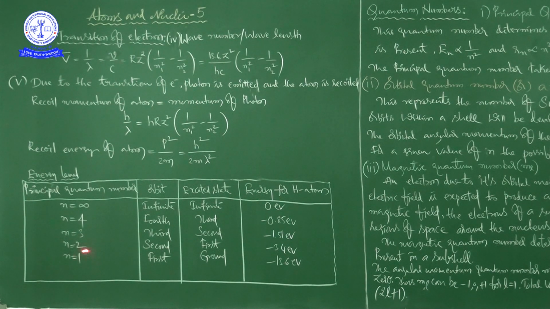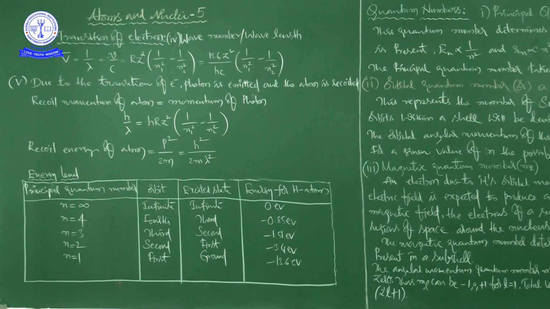Next, when n is equal to 3, the orbit is third, the excited state is second, and the energy for hydrogen atom is minus 1.51 electron volt. Next, when the principal quantum number n is equal to 2, the orbit is second, the excited state is first, and the energy for hydrogen atom is minus 3.4 electron volt.